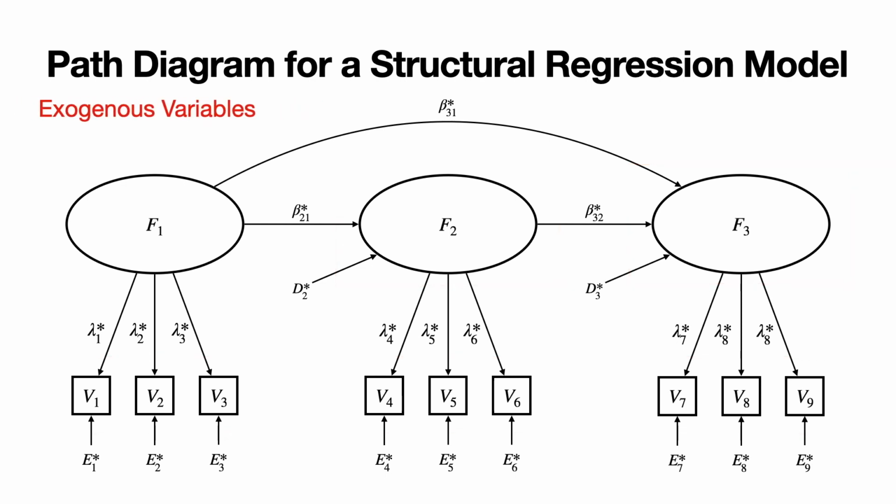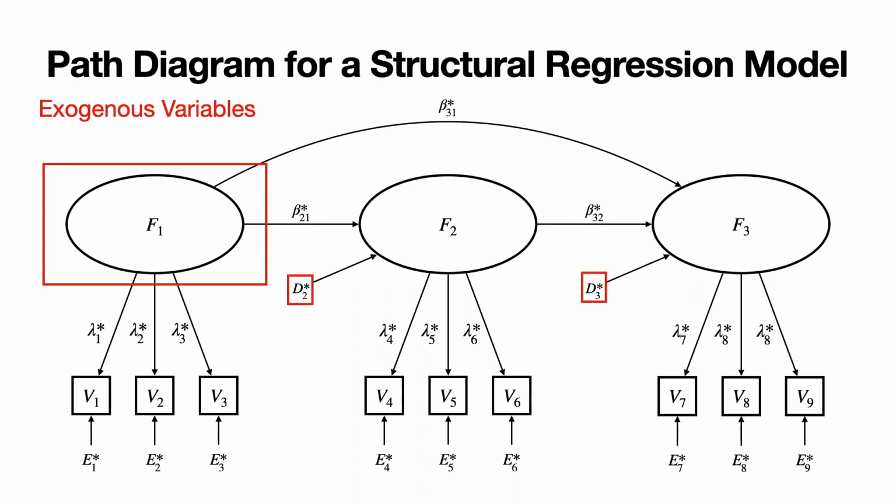Exogenous variables, on the other hand, are variables that are never response variables in any of the equations comprising the structural equation model. And so F1 is never a response variable in the model, and so it's an exogenous variable.